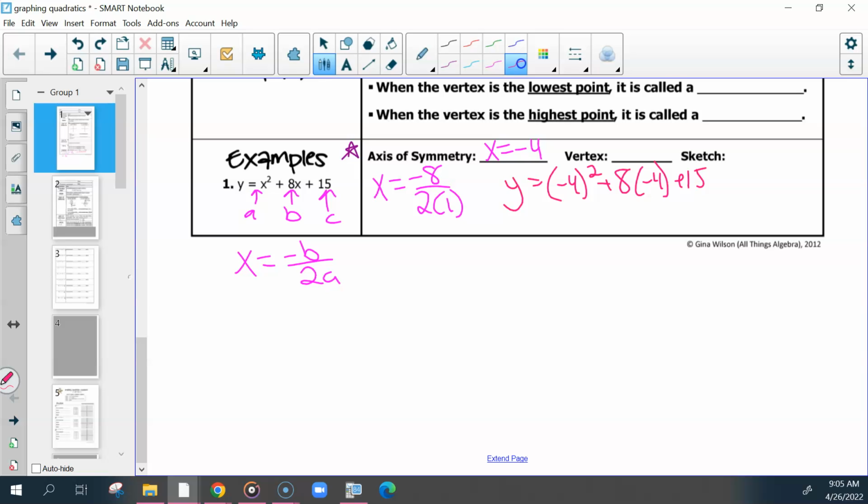And then you can use your calculator, put that all in, and find your answer. Make sure you have your square on the outside of your parentheses. Make sure you're using parentheses.